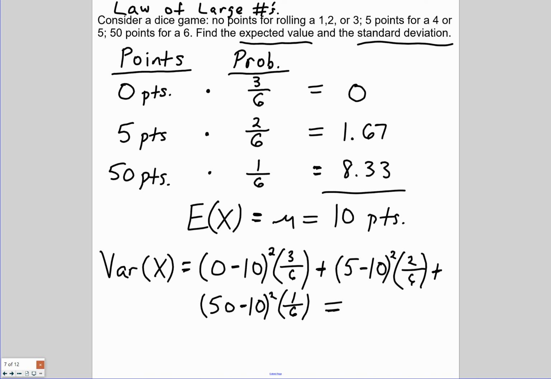What about 5 minus 10? That's negative 5. Square it. 25 times 2/6, or 1/3. What's 25 divided by 3? 8.3 repeating, yeah.